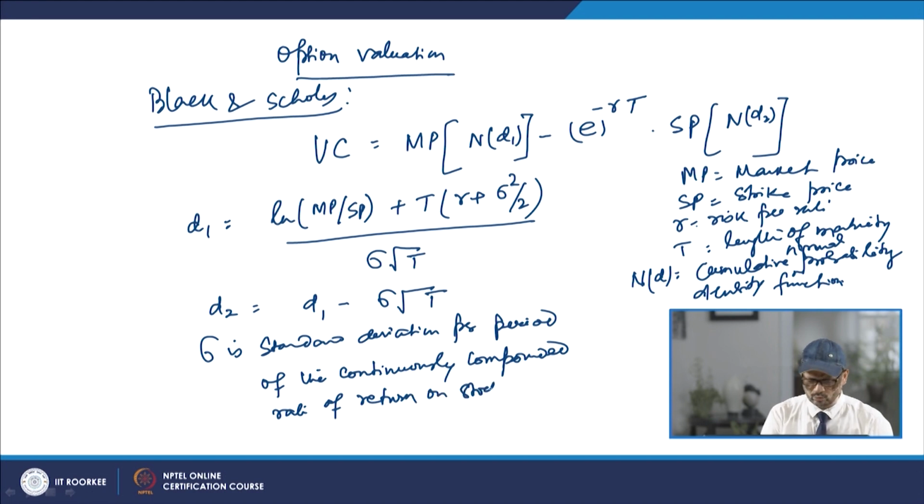So once you know the market price, the strike price, the maturity time, the risk free rate, and the variance, you can find the D1 value, and once you know D1, you will also find D2, and then you can do the valuation calculation.